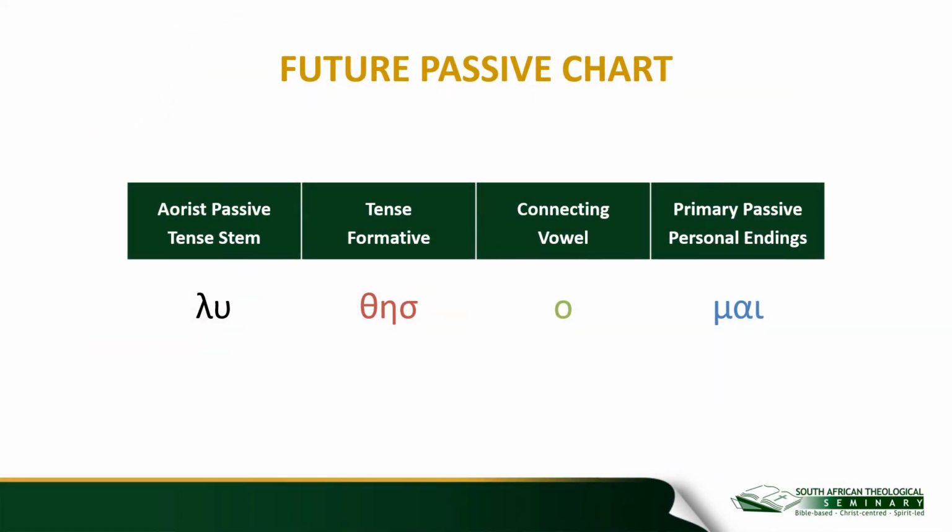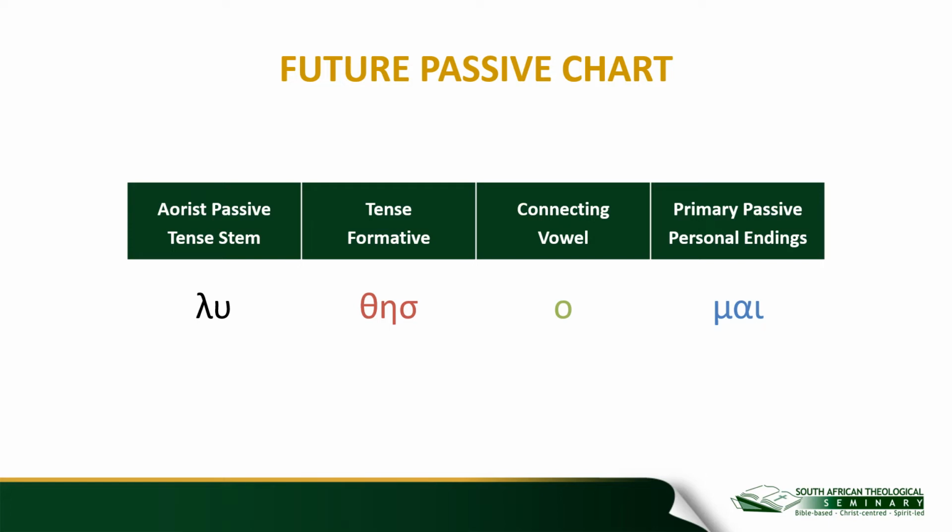This chart shows the building blocks for the future passive indicative. It consists of the aorist passive tense stem, plus the tense formative, plus the connecting vowel, plus the primary passive personal endings. Let's run through those. It's the aorist passive tense stem, which is almost always identical to the root and to the present tense stem.